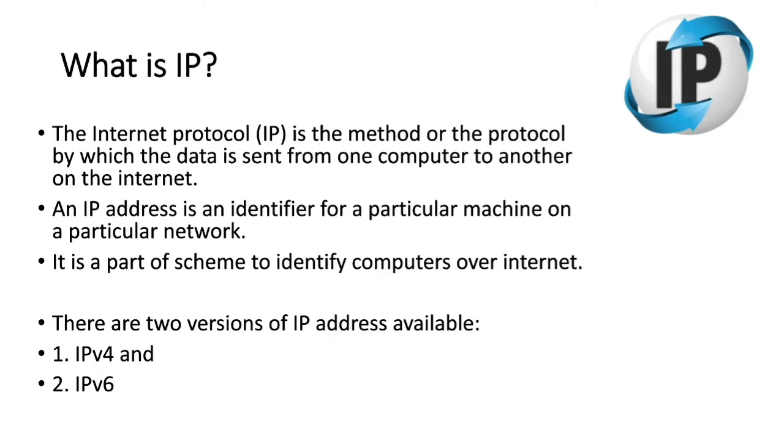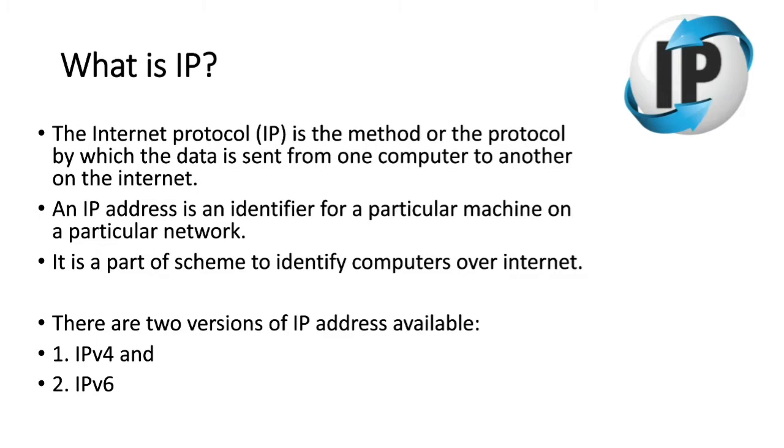So if we need to identify ourselves, for example, if we belong to a class, we have a particular roll number, right? And that is unique. Same as that, in order to identify our computers over the internet, we assign them unique identification numbers, which under the protocol known as IP are called IP addresses.